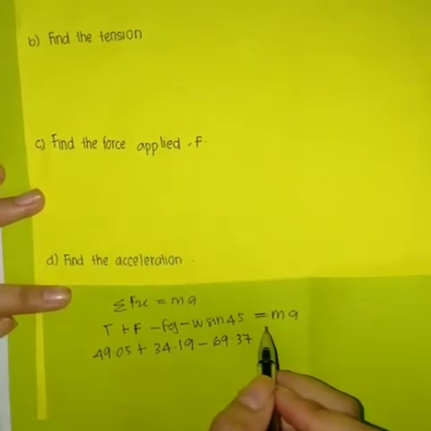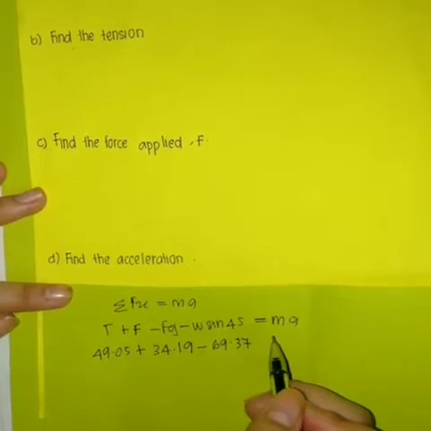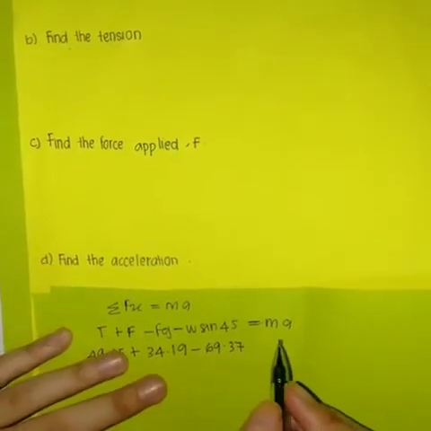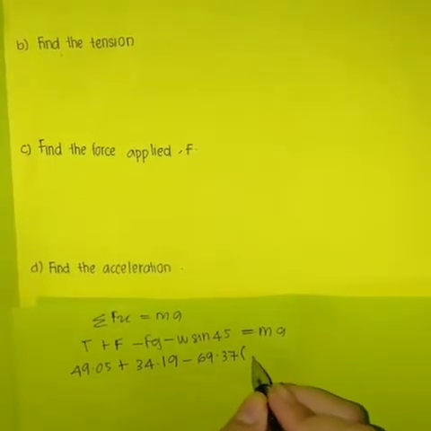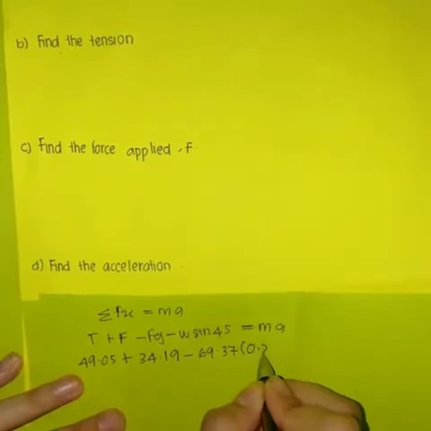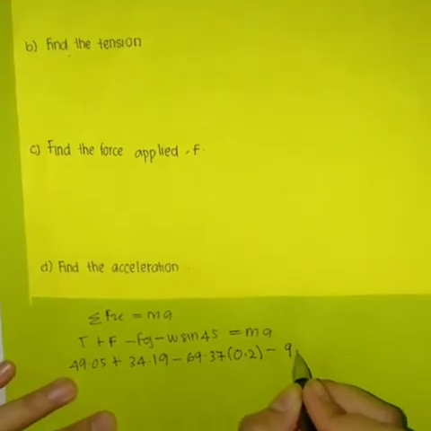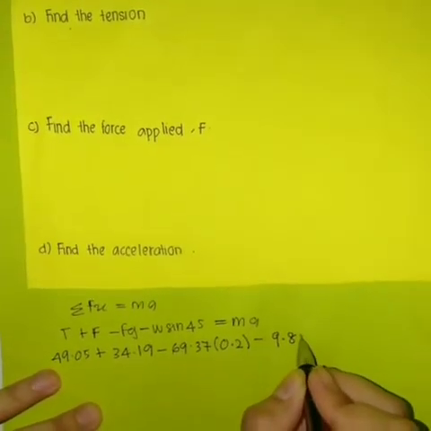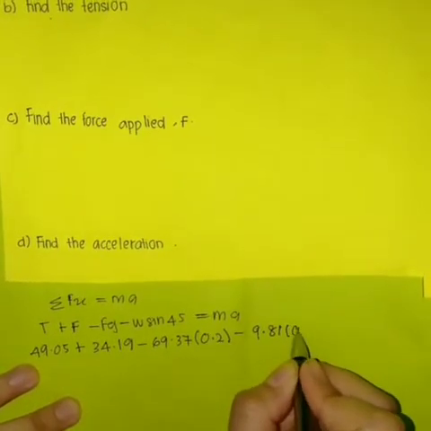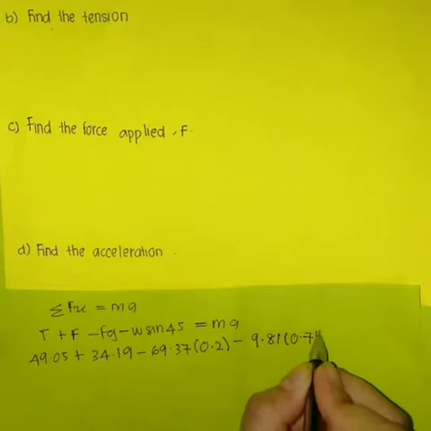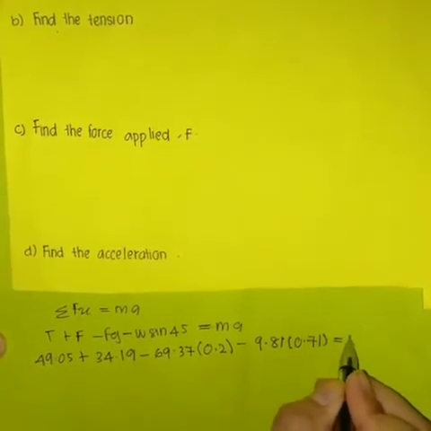So for the times 0.2 minus 9.81 times 0.71 equal to ma.